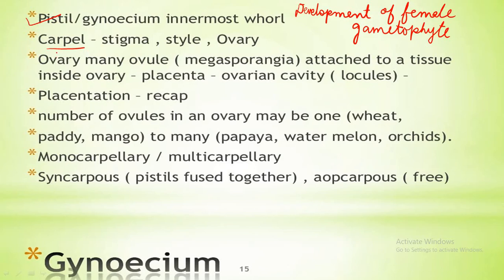So the gynoecium represents the female reproductive part of the flower, and it may consist of one pistil or carpel, which is known as monocarpellary. If only one carpel or one pistil is present, it is called monocarpellary. If two pistils or two carpels are there, then it is known as bicarpellary.